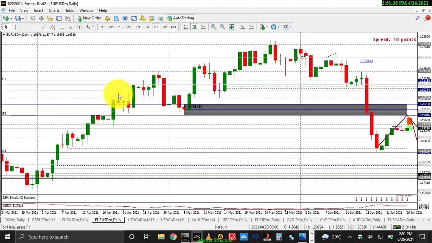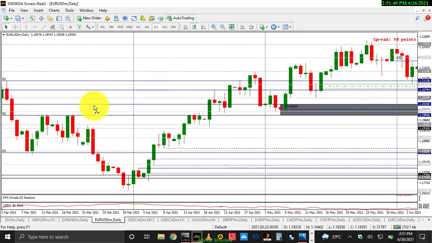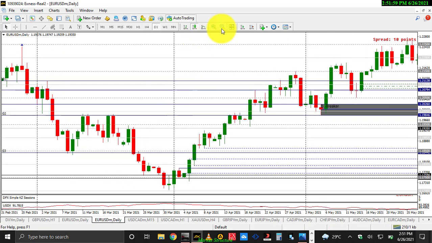I didn't say that's where price is going to go, it is most likely going to go. So if we break this high, price is most likely going to go higher, and if we break this low, price is most likely going to go lower, depending on where price is coming from.